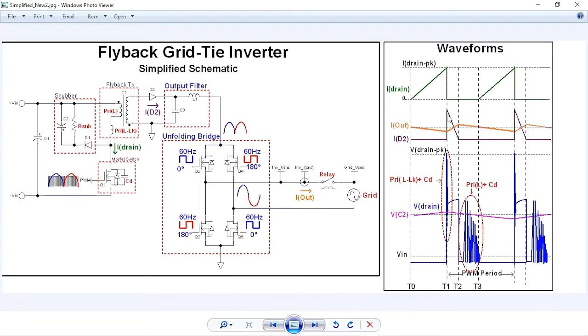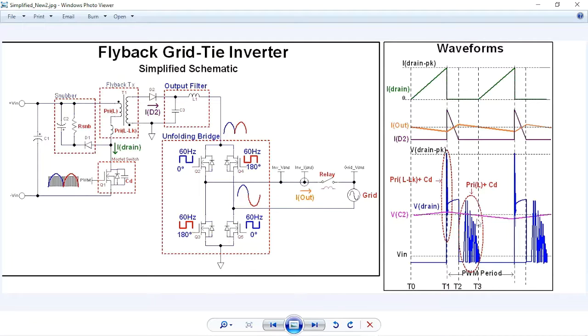And then when this current stops flowing, so all the energy's been dumped through D2, now this voltage that was sitting here collapses, and because of this drain capacitance, a resonance is now present, and therefore this voltage begins to oscillate.